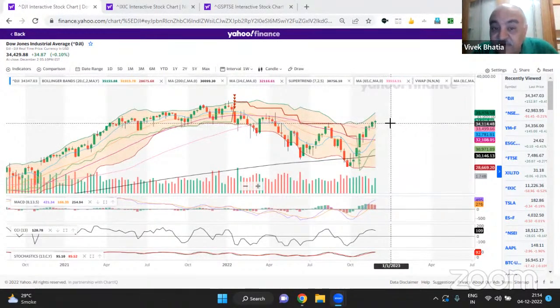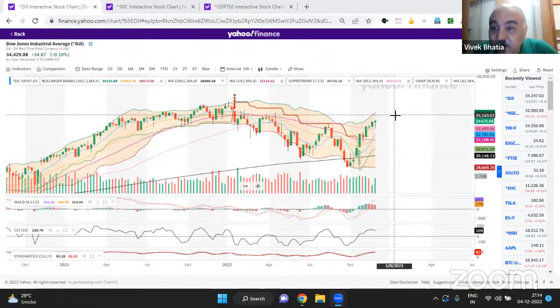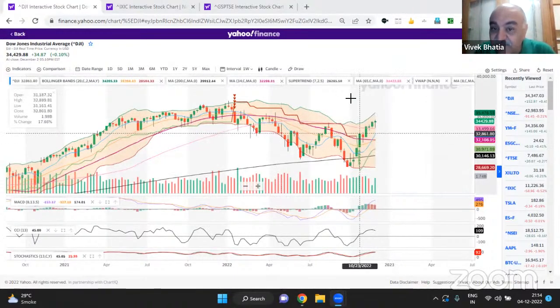True. Your first target here would be 35,163. That would be another about 700 points above, which is where you can look at Dow Jones to move in the next week or two. But this is the weekly chart.